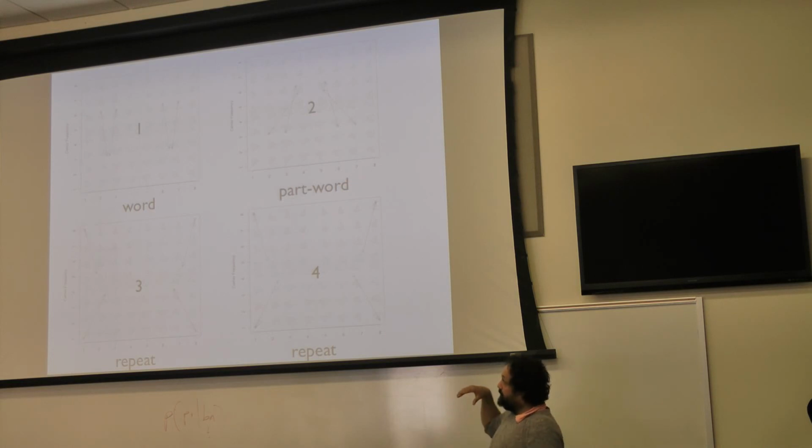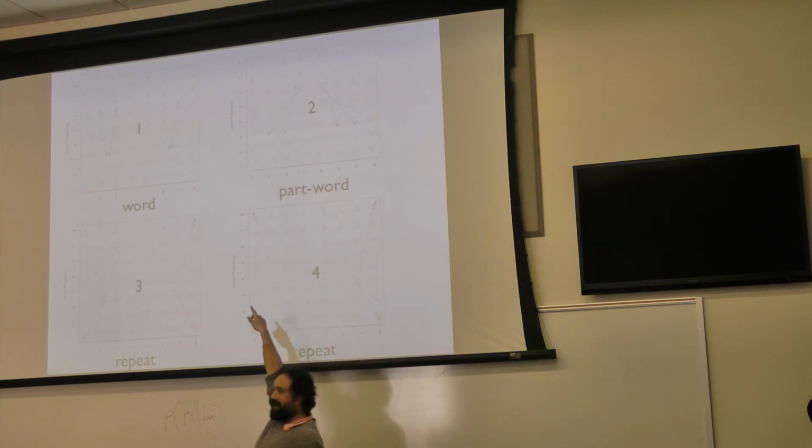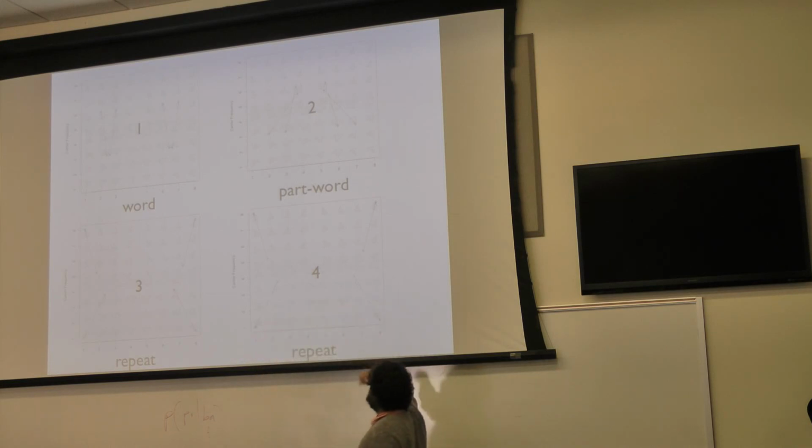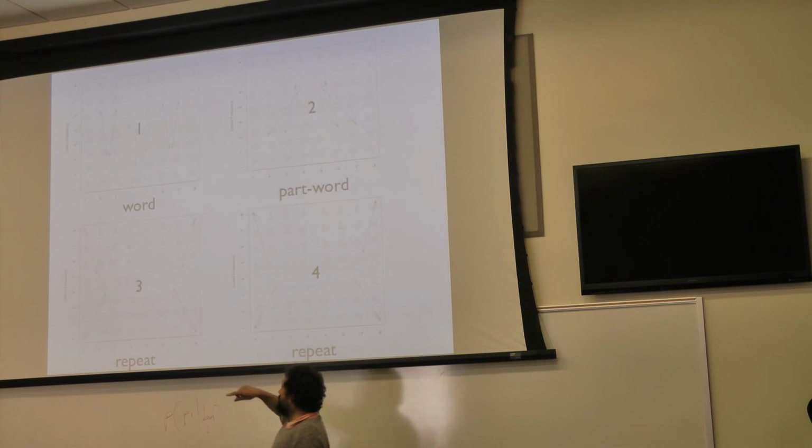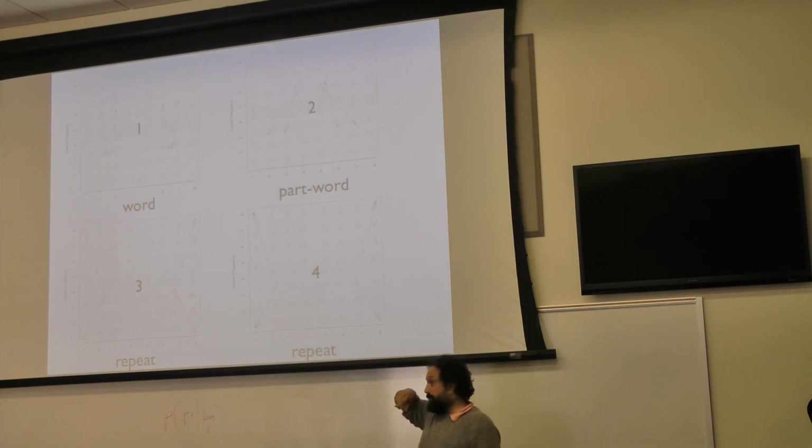Just to orient you to the labels for the next slide: category 1 is the word type situation, category 2 is the part word situation, and then these are two repeat situations. This repeat situation is felicitous on the trajectory learning model, and this is infelicitous.